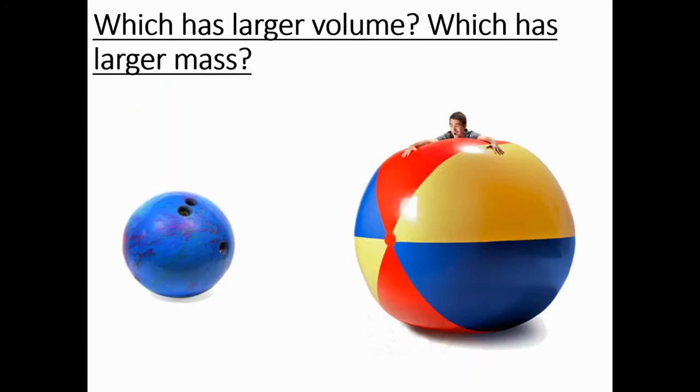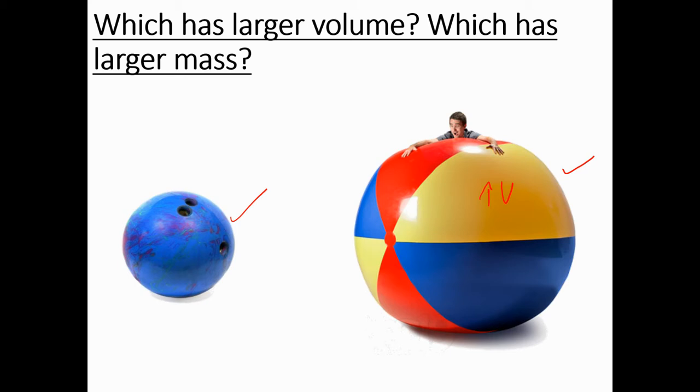Let's take a look at our definitions of matter and volume and mass. So if we were looking at these examples of matter here, a bowling ball and this beach ball over here, we could ask which one has the larger volume. Well, as you can see here, this beach ball has the larger volume. It occupies more space than the bowling ball. But which one has a larger mass?